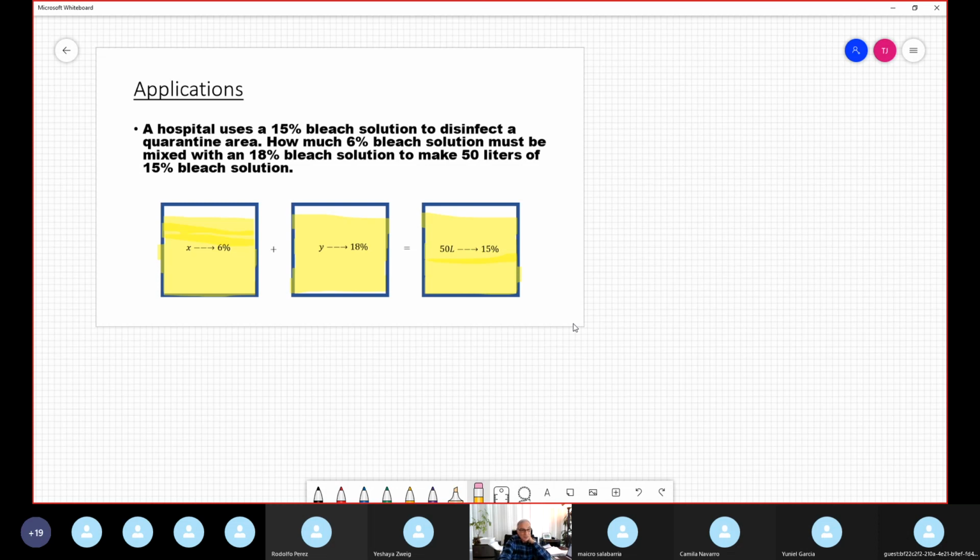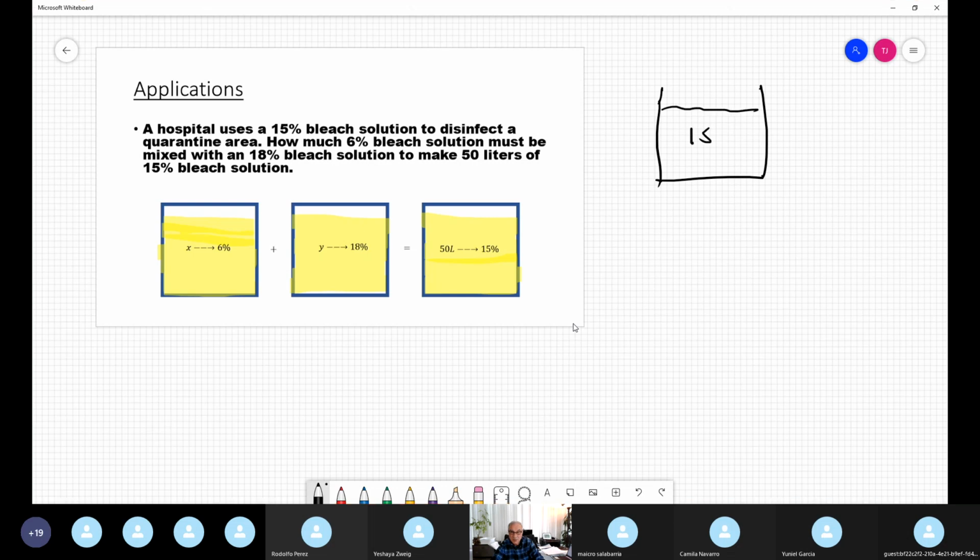In the hospital, they use a 15% bleach solution to disinfect a quarantine area. What does 15% mean? Suppose you have a container.